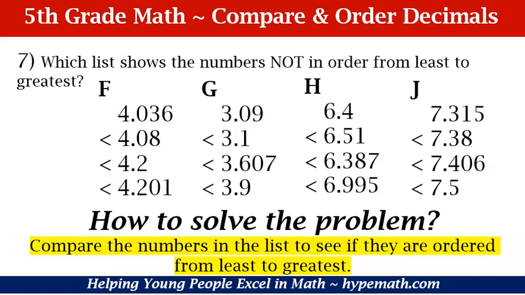We are going to move to the right again to the second value, and that's the hundredths place, okay? And looking at the hundredths place, I see that one number has a 1, one number has an 8, and that's correct. The way that it is listed is correct because 1 is less than 8. So J is listed from least to greatest.